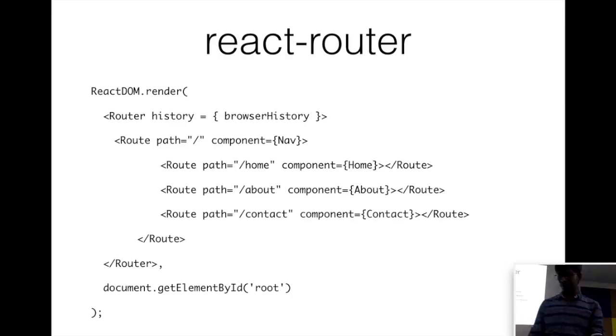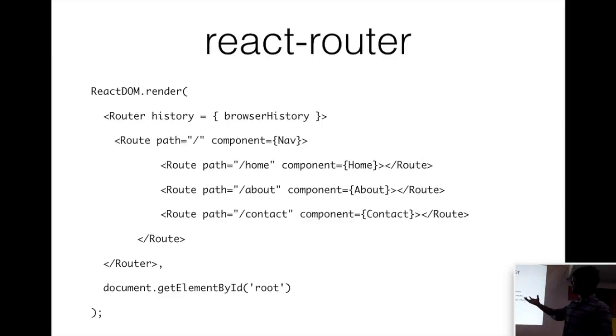So finally, I want to touch on this concept, because React does not come with any routing functionalities. You have to use some external modules for that, and React Router is one such module that you can use for routing. This is probably an older version of React Router. There's a new v4, but I think this will be sufficient to get started.